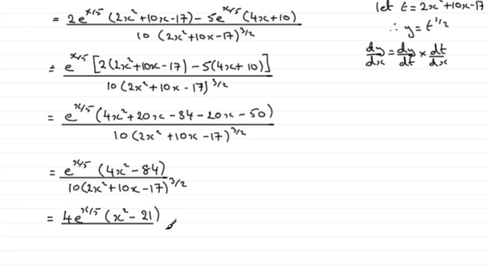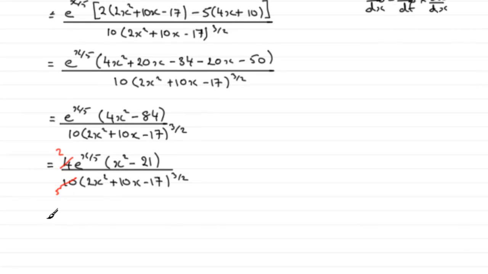And that's all divided again by 10 lots of (2x squared plus 10x minus 17) to the power 3 over 2. Now I can see that the 4 and the 10 have a common factor. 2 goes into both 4 and 10. 2 goes into 4 twice. 2 goes into 10 5 times. So it looks as if we're now getting to the end of this question.